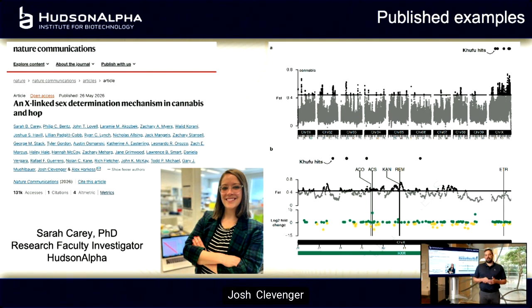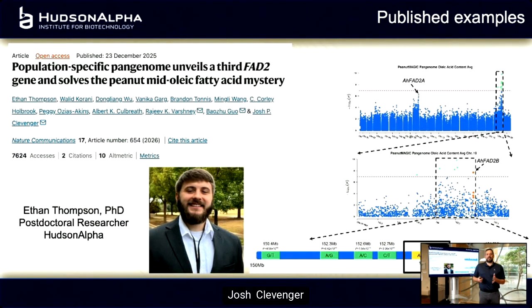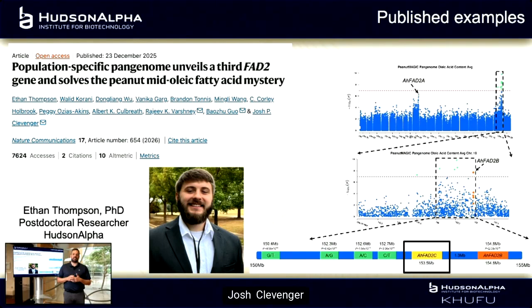That paper is wonderful, and if you want to see a different example of how this can work, that's an excellent example. Another example is from Ethan Thompson, a postdoc in my lab who got his PhD at the University of Georgia.